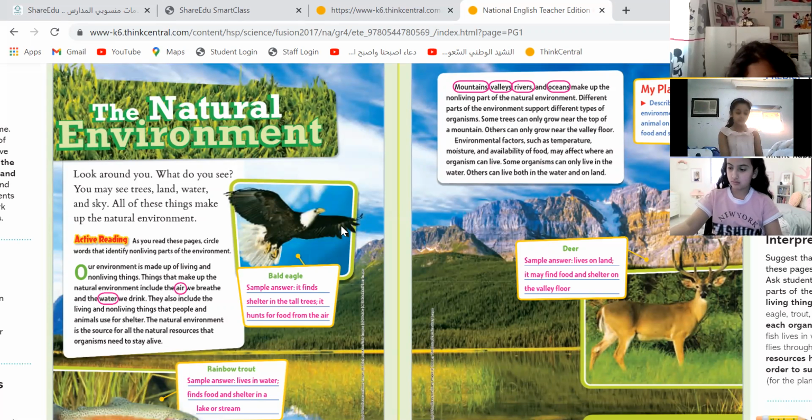They also include living and non-living things that people and animals use for shelter. Rocks, and also stone. Yes, remember the limestone? I told you yesterday. Limestone is used where?